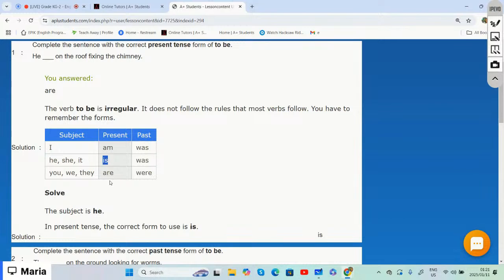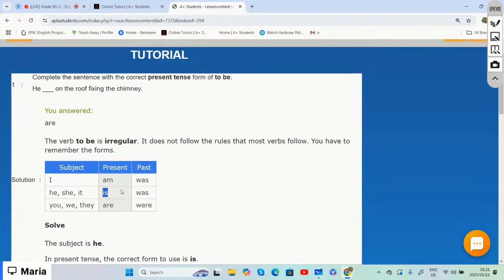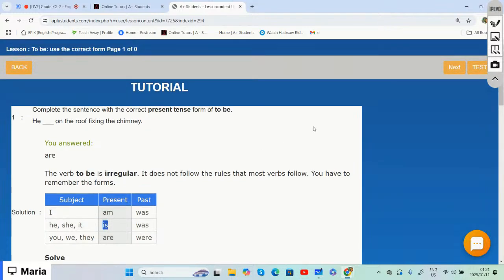All right. So now we're going to do three activities, and then we're going to do our test. We need to choose the correct form. I'm going to leave this little box open so that you can look at it. We're going to complete the sentence with the correct present tense form of to be. Here's the present tense form of to be.